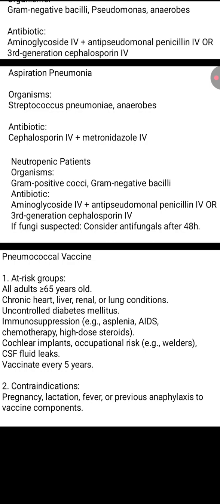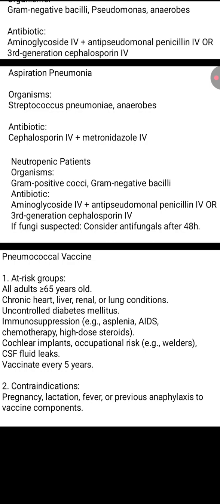Then pneumococcal vaccine. The at-risk groups: all adults greater than or equal to 65 years, chronic heart, liver, renal or lung condition, uncontrolled diabetes mellitus, immunosuppression, e.g. asplenia, acquired immunodeficiency syndrome, chemotherapy, high-dose steroid, cochlear implant, occupational risk, e.g. welders, cerebrospinal fluid leaks.